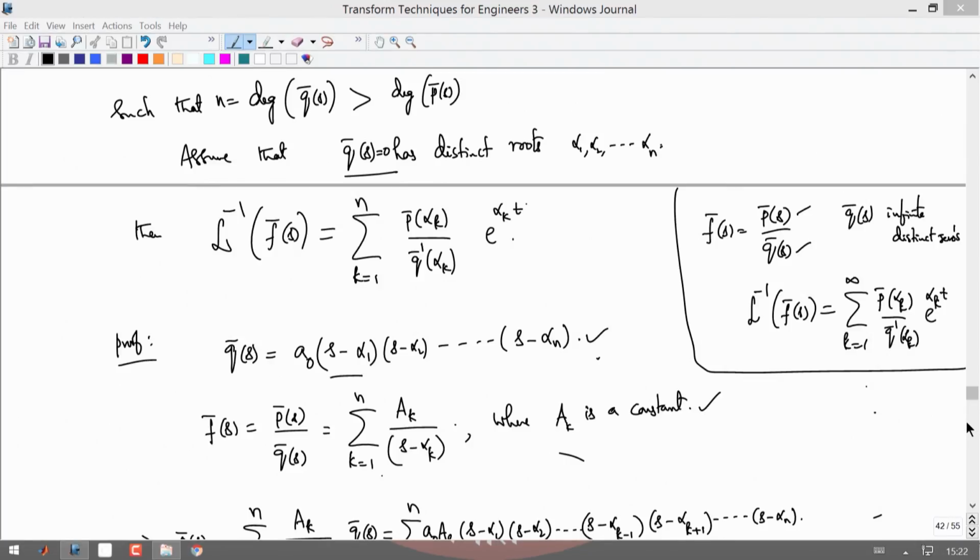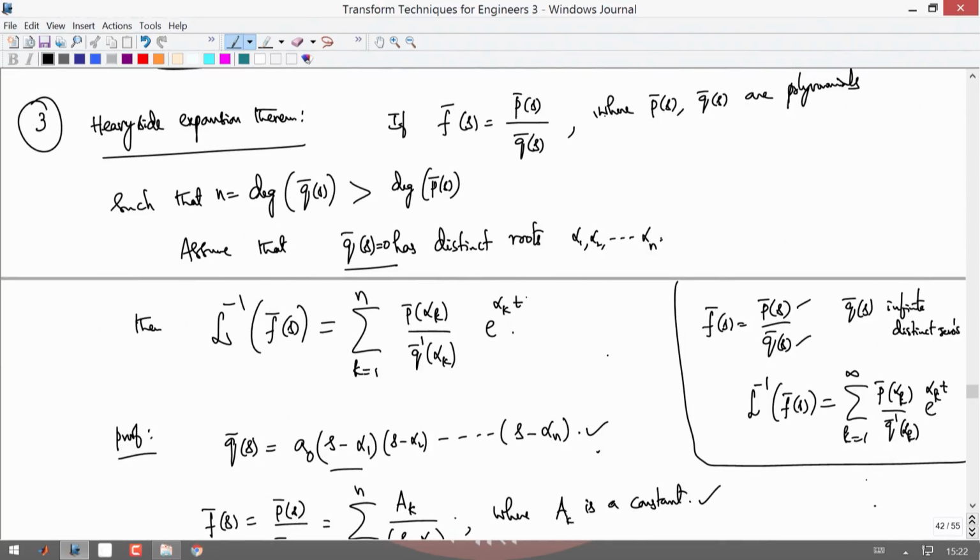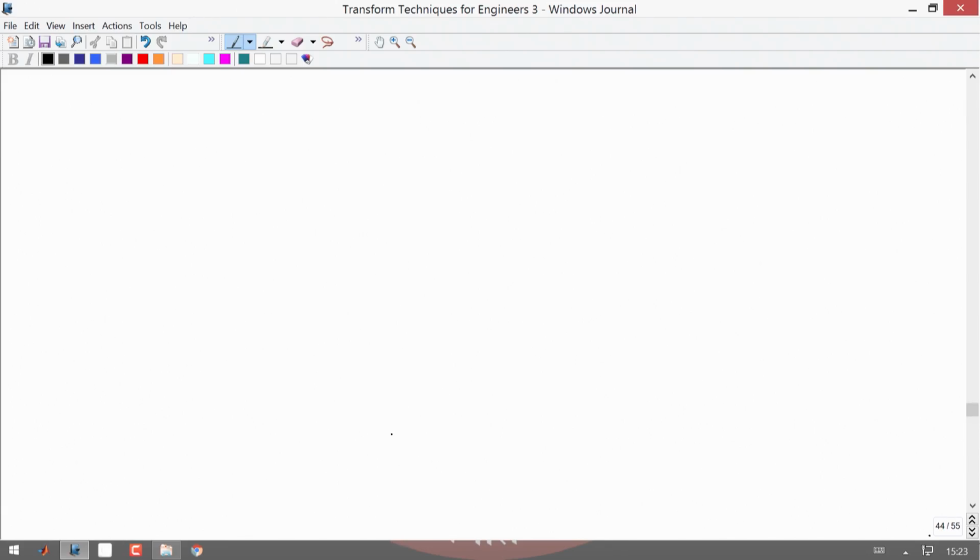You can see that these constants are nothing but the residues of the roots that contribute these numbers. So, this is the same form as in the Heaviside expansion theorem, which you can use even if p bar and q bar are not polynomials. Okay. We will do some examples.